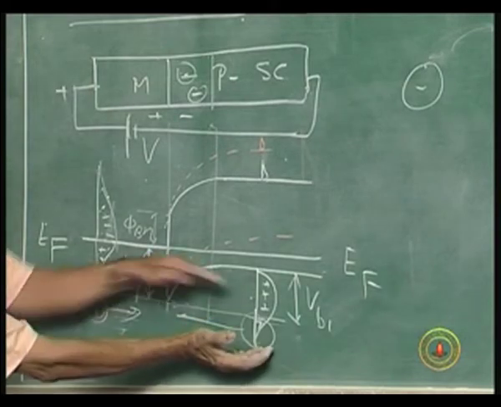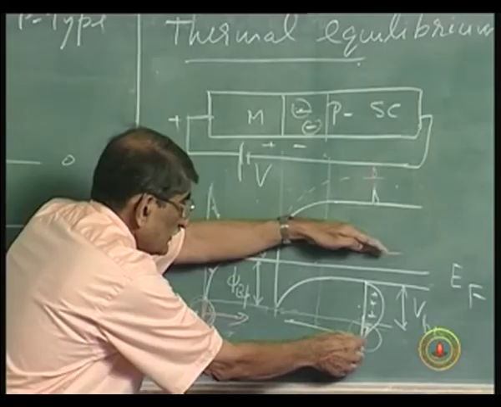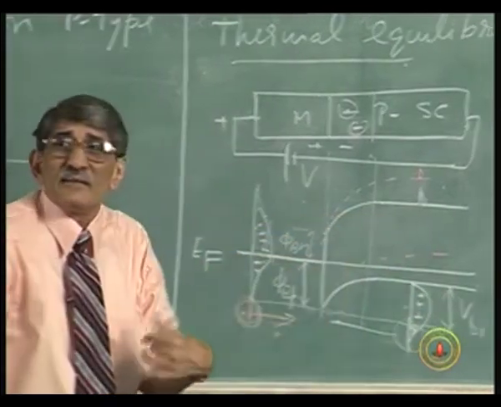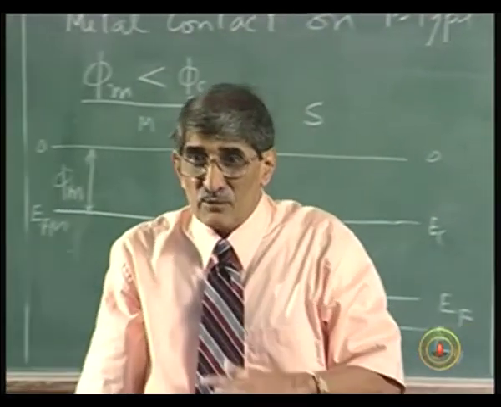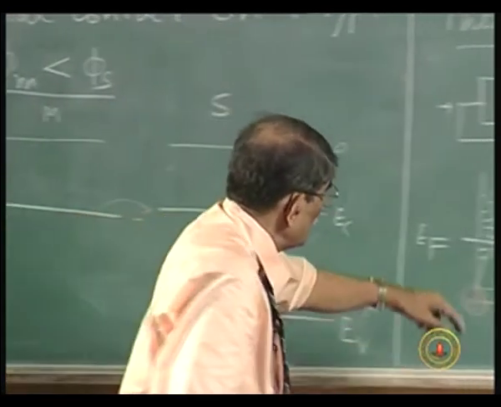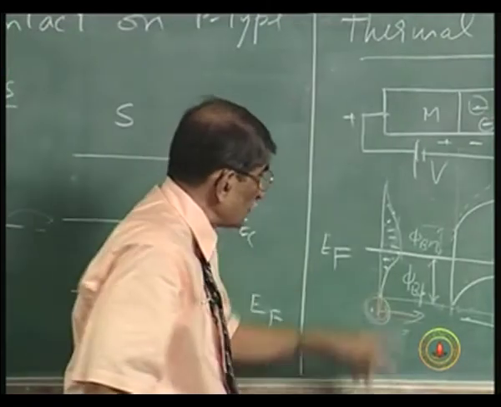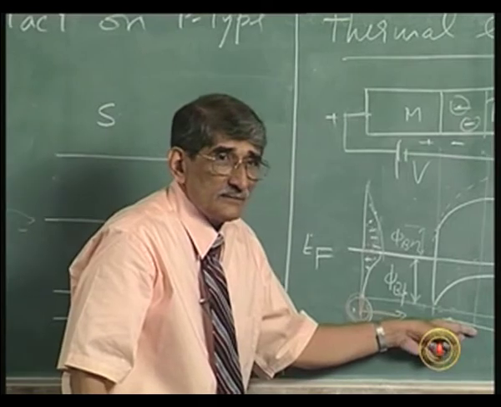That is going up now. So, none of these holes have enough energy. This is a barrier for holes, they have less barrier, more barrier, they are not able to cross. But this number crossing from here to here remains the same thing. So, you will have now current due to these holes which are crossing from here to here.